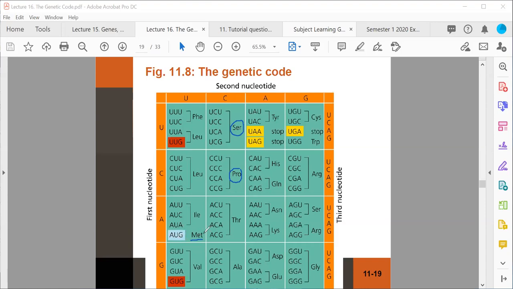Therefore, the first amino acid in most polypeptides is methionine. And then you've got 3 different stop codons that you can see up here. These will signal the end of the newly synthesized polypeptide chain.